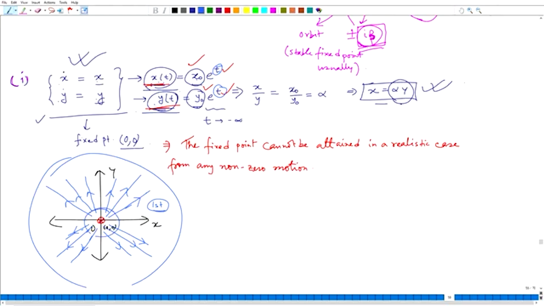Whenever some movement starts in the neighborhood of this fixed point in the phase space, the state of the particle is moved away from the fixed point. So in a sense it is repelling the states of motion.